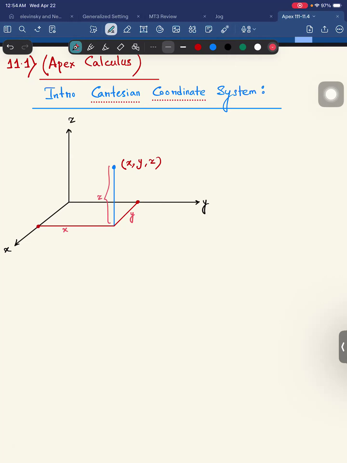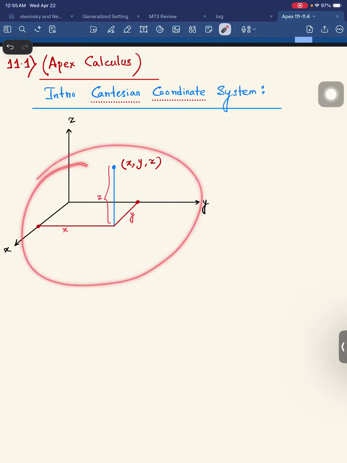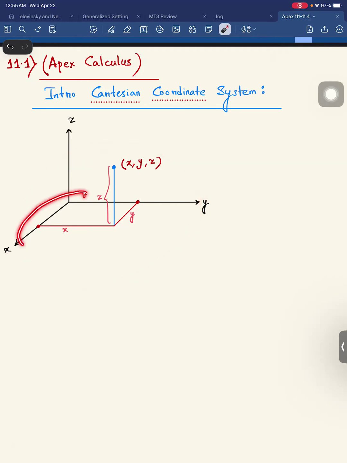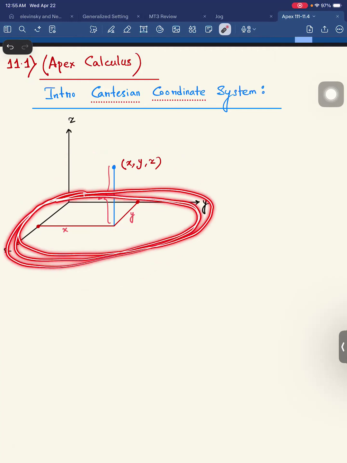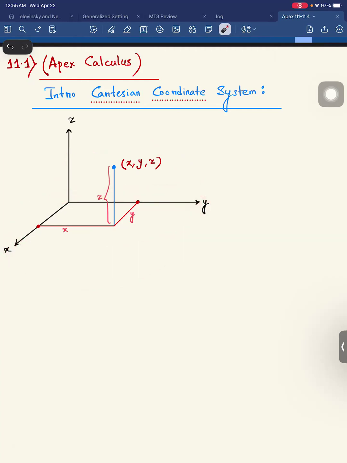So if you want to visualize a Cartesian coordinate system or these three coordinate axes, just look at the corner of your room, right? You can see exactly this structure. The floor of the room will look like this, and then the wall would go along the so-called z-axis.